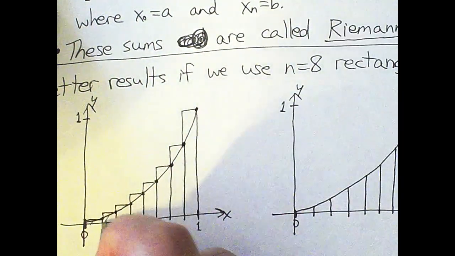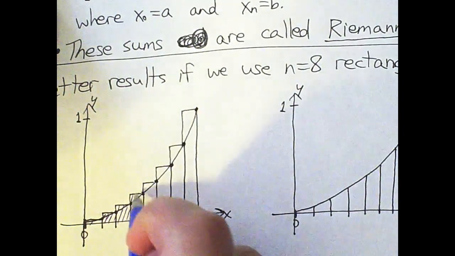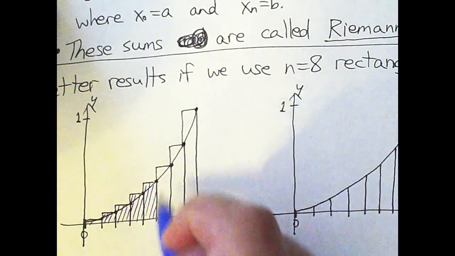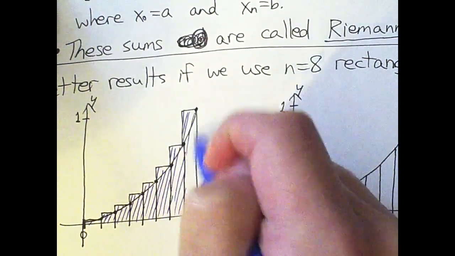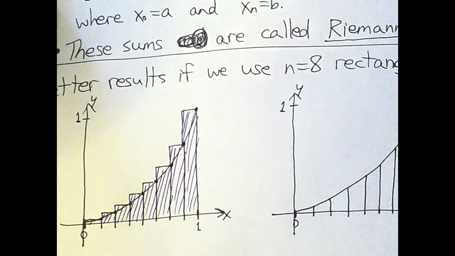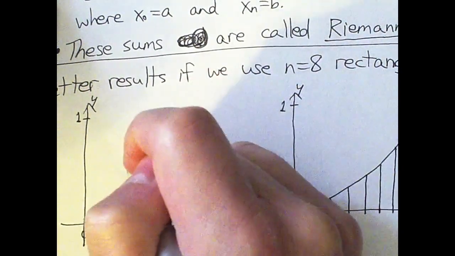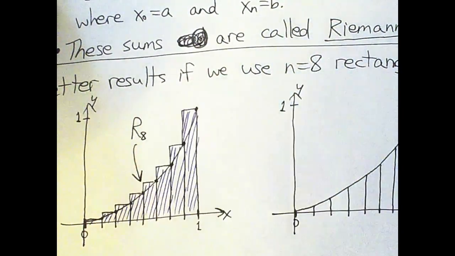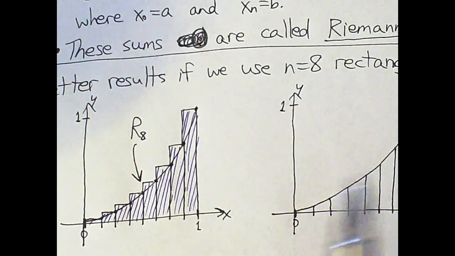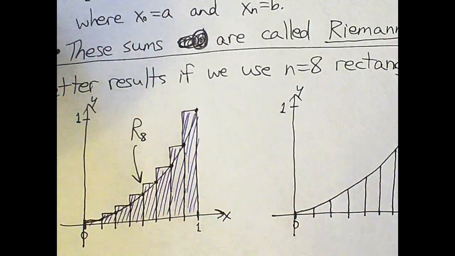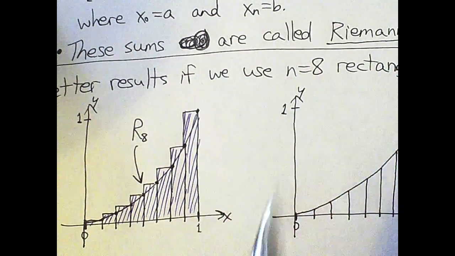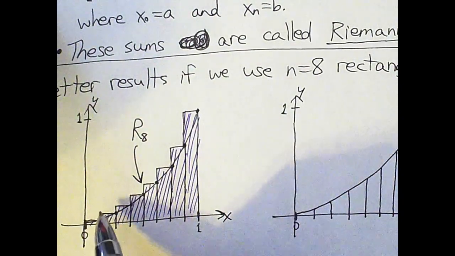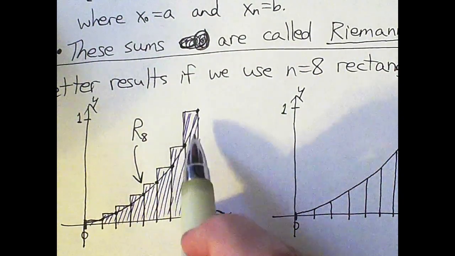So this region of all these rectangles added together is one way that we could do it. And if we did this, this would be called R8. And if you compare this with the picture that we drew for R4, I think that this is looking like a better estimate. It's still an overestimate of A, but it seems like it kind of stays closer to the curve.